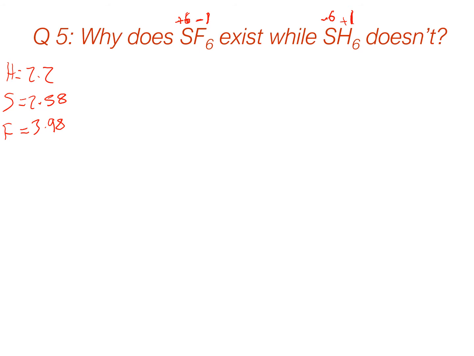Now the way of looking at it is, what are the alternatives? What can happen is we've got SH6, and we know from the lectures that if we were to get a hydride of sulfur, it's most likely to be H2S, and therefore it will make a couple of hydrogens as well.